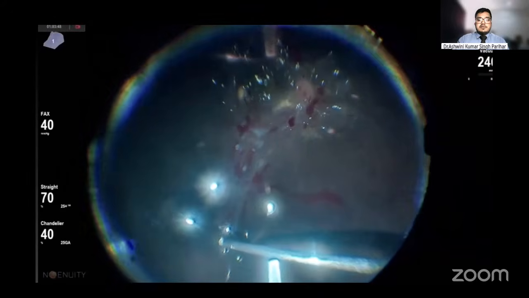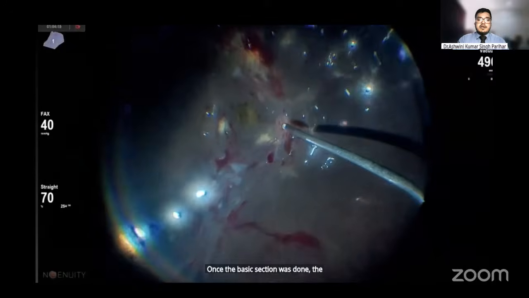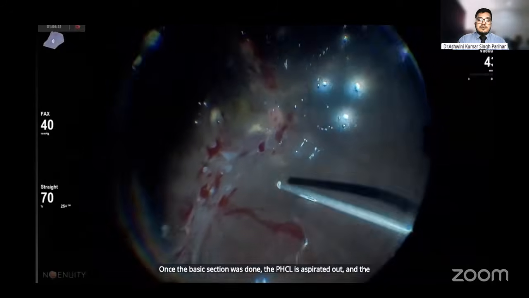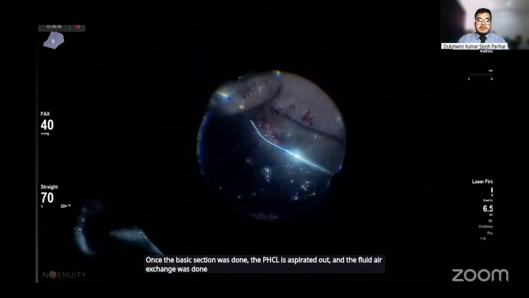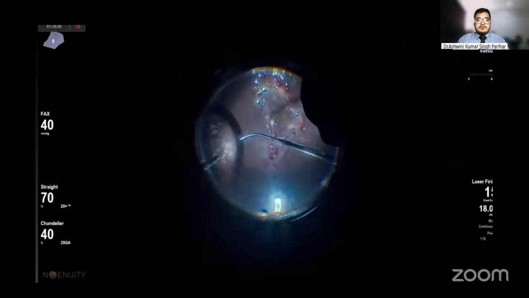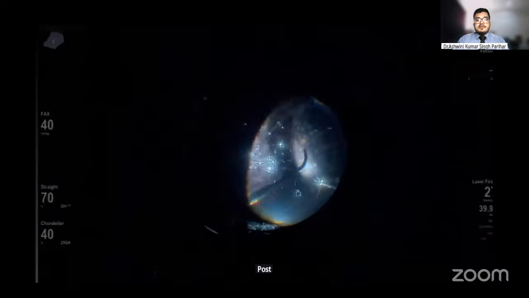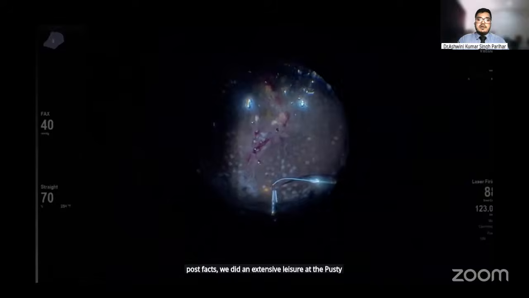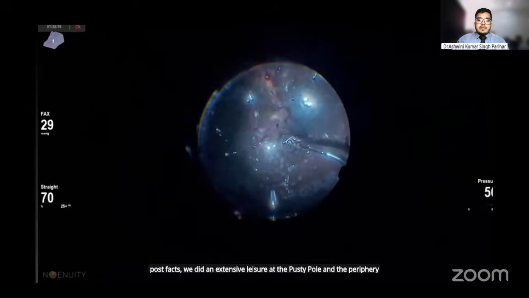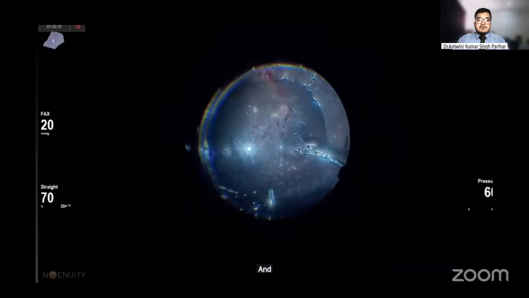Once the base dissection was done, the PFCL was aspirated out and the fluid air exchange was done. Post FAX, we did an extensive laser at the posterior pole and the periphery, and the case was closed with silicone oil tamponade.